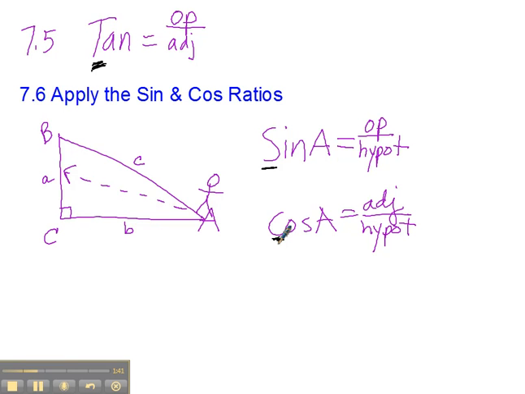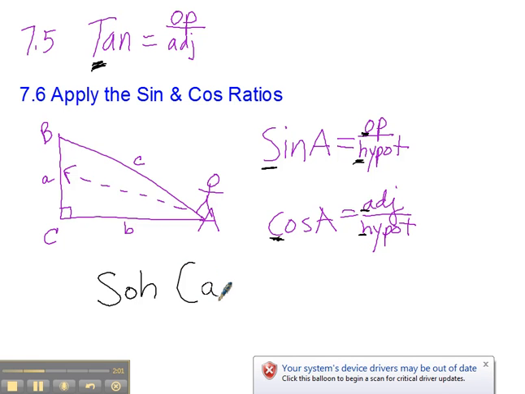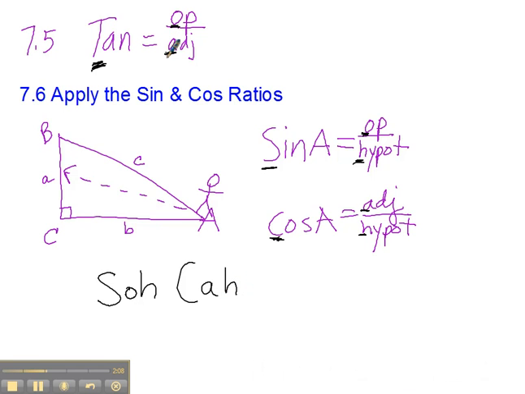We're going to define sine as opposite over hypotenuse, with a capital S. Cosine is the adjacent over the hypotenuse. And tangent is the opposite over the adjacent.